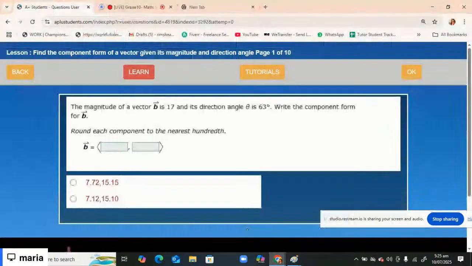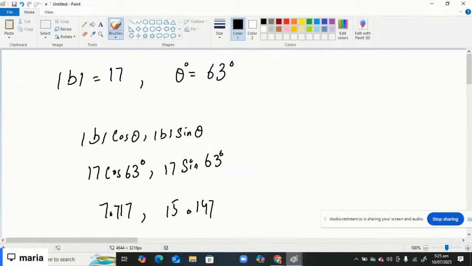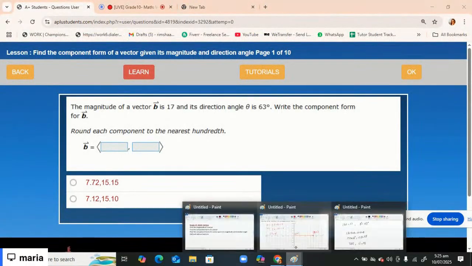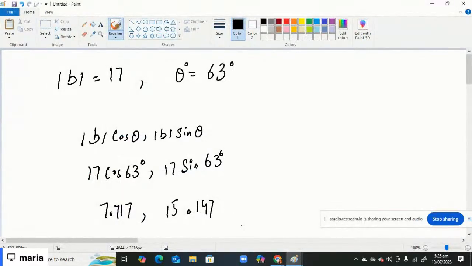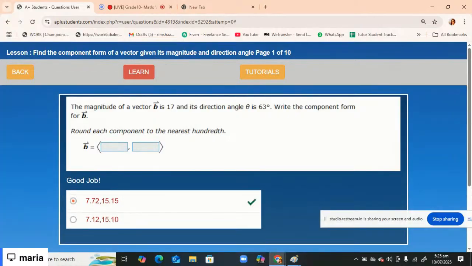Let's see. 7.72 and 15.15. After rounding, just write it, and that is the right answer.